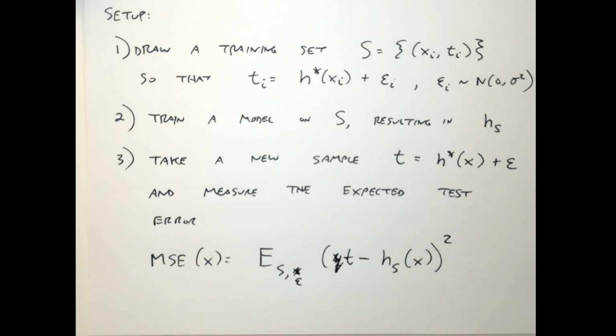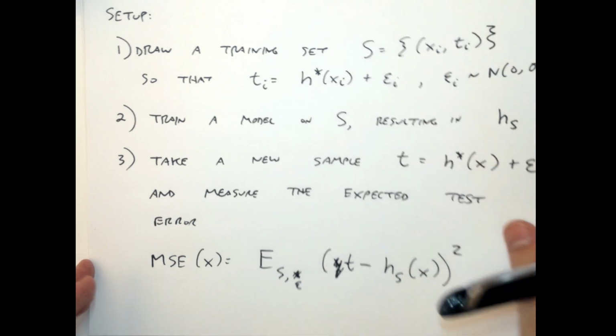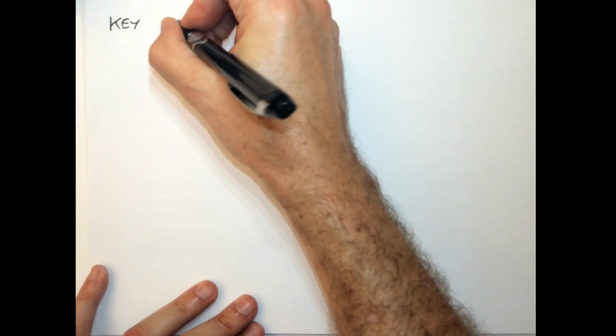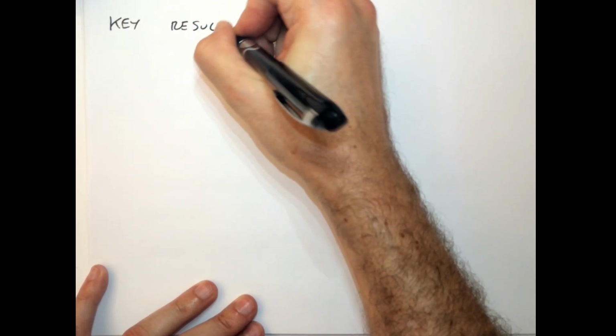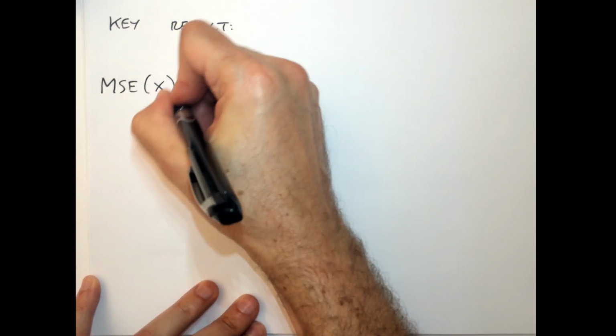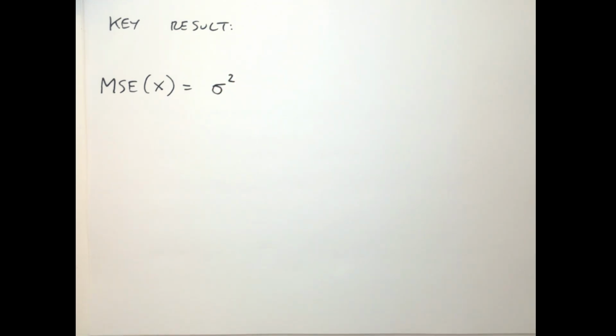So now the bias-variance trade-off theorem tells me that this number can be written as a sum of three things, okay? So let me write this down. The key result is that the mean squared error at X is the sum of three things, right? The first one is sigma squared.